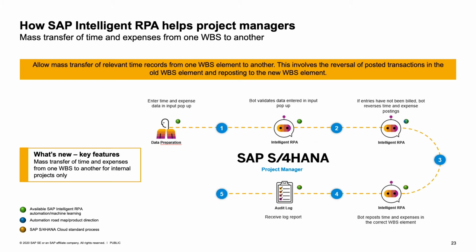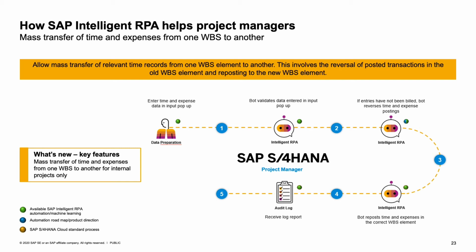With project managers working on multiple projects, there are often requirements where the time and expenses are posted incorrectly to a WBS element and they need to be transferred to the correct WBS element.